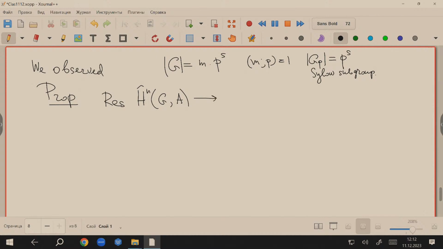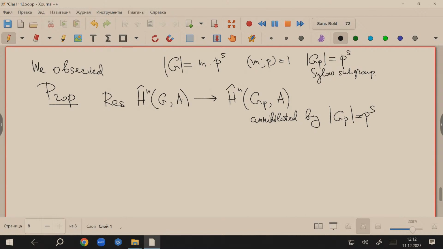The changes are minor, only in the first and in two places. So here you have elements that are annihilated by the order of the group, by G_P.